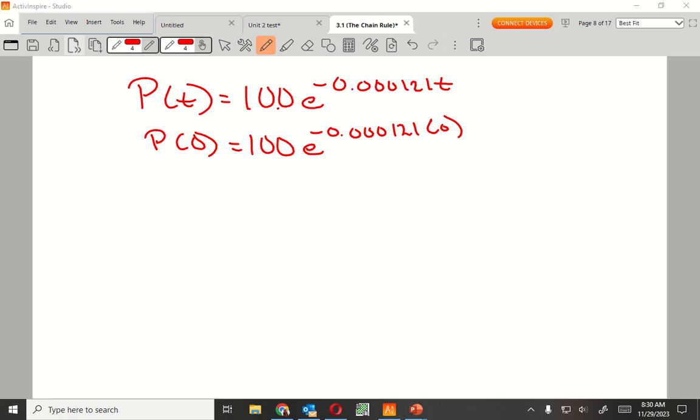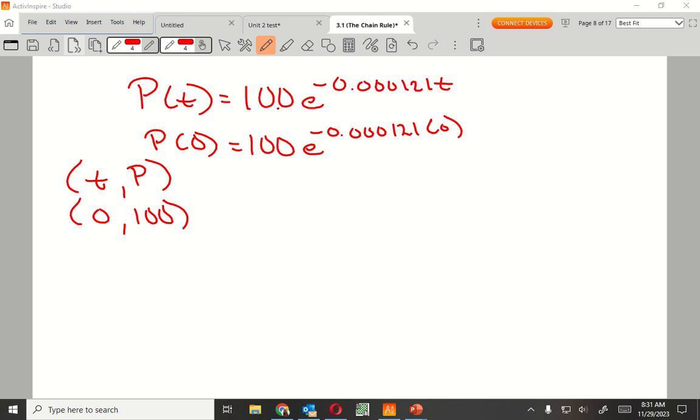And e raised to the 0 is 1. Okay? So 100 times 1 is 100. So I have a time and a percent. At time 0, my percent is 100. Does that make sense?